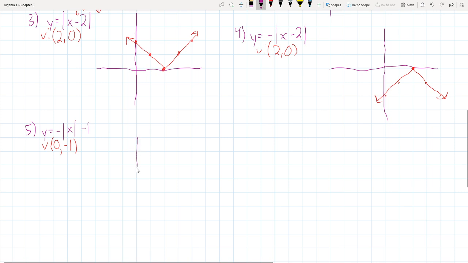Make my graph. What I do know is that this is flipped. So I go to 0, negative 1, down 1 over 1, down 1 over 1, going in this direction.